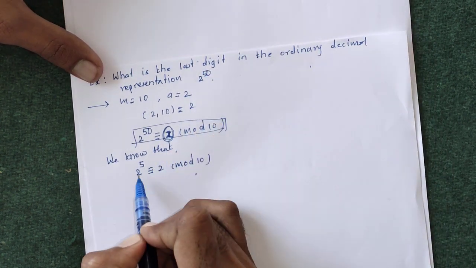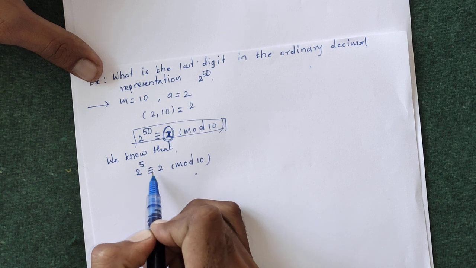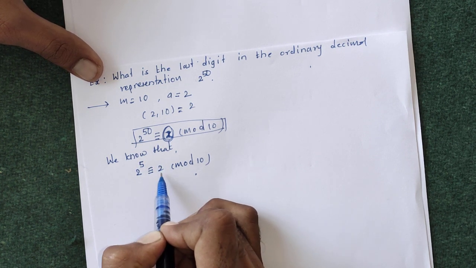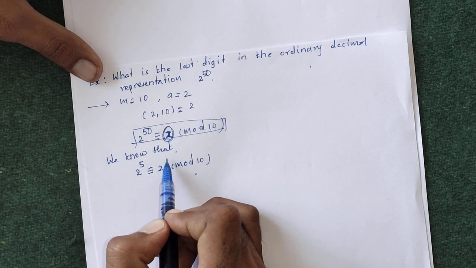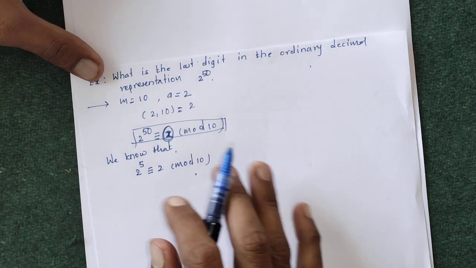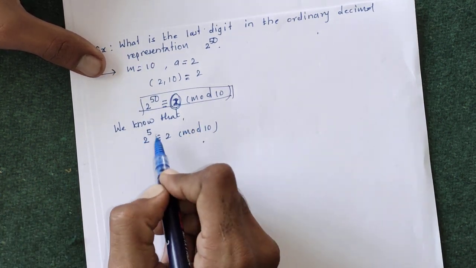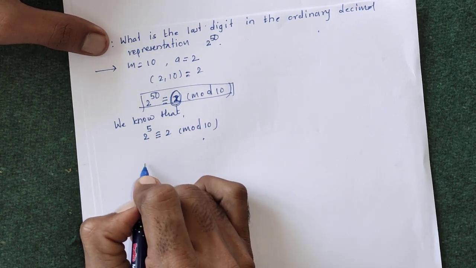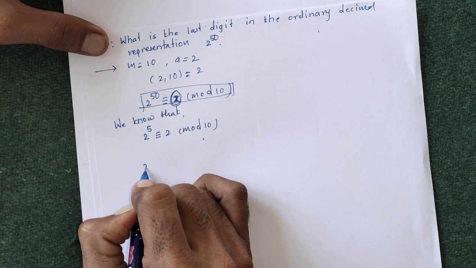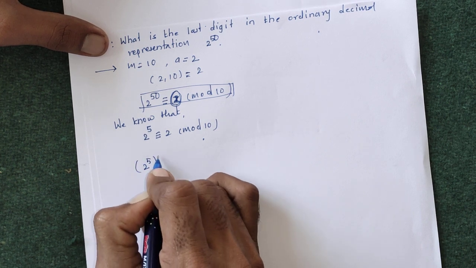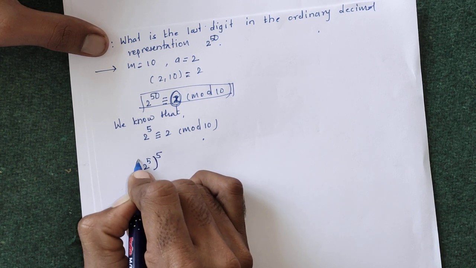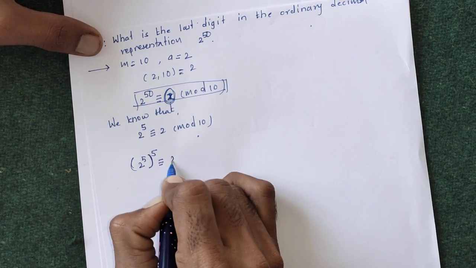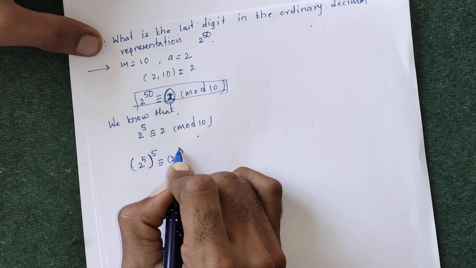raised to 50. If we increase the power of both sides by 10, we get 2 raised to 50, but we again have to find 2 raised to 10, and 2 raised to 10 is again a large number. Instead of increasing the power of 2 raised to 5 by 10, I will increase the power by 5, that is, 2 raised to 5 to the power 5.